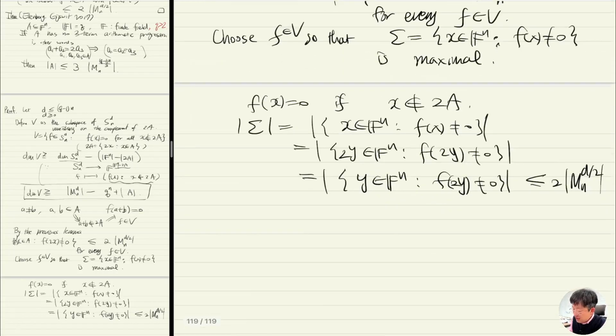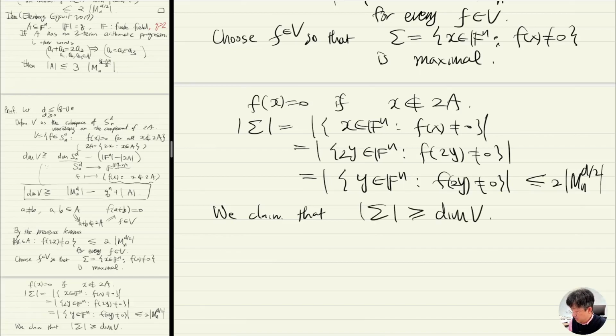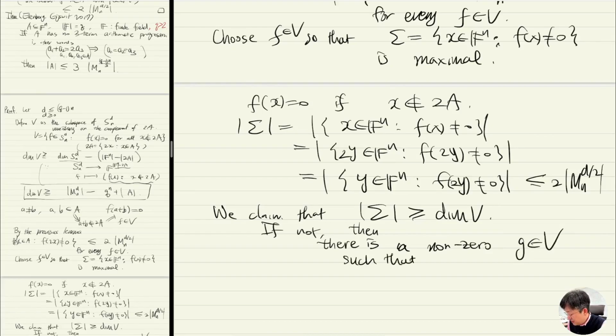Now, I chose sigma to be maximal, and the claim is that the size of sigma is at least the dimension of V. If not, what does that mean? Then there is a non-zero polynomial g in V such that g of x is 0 for all x in sigma.